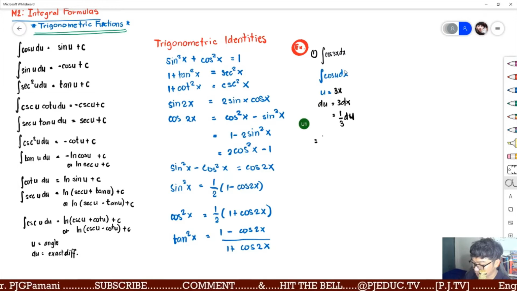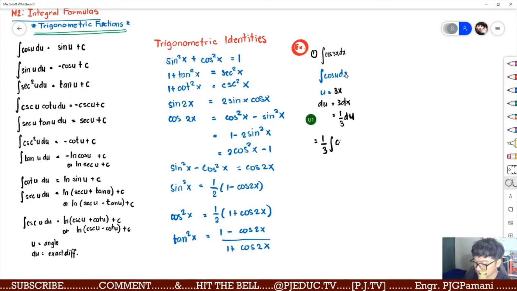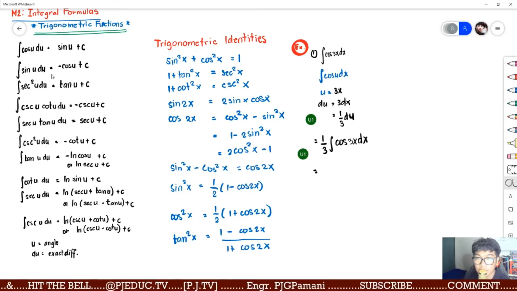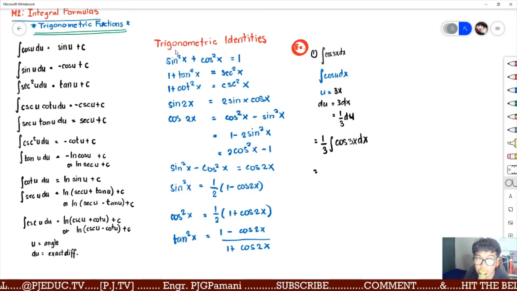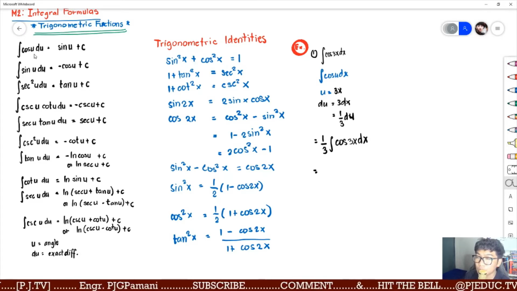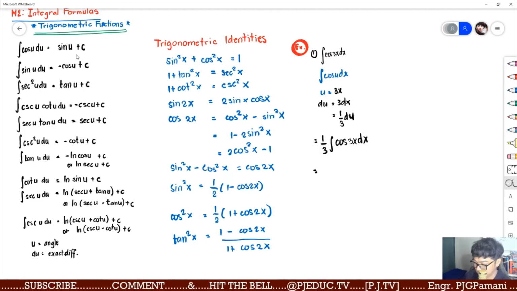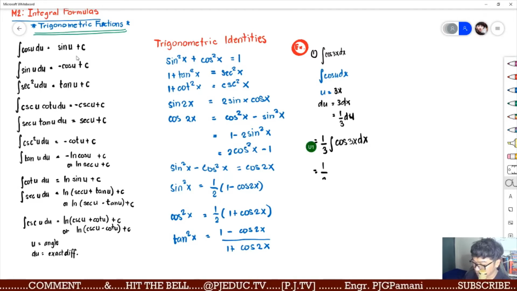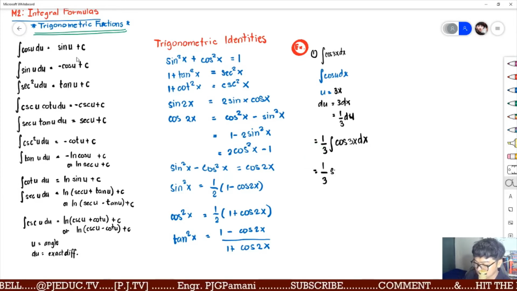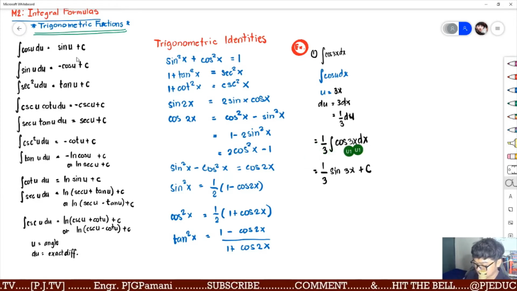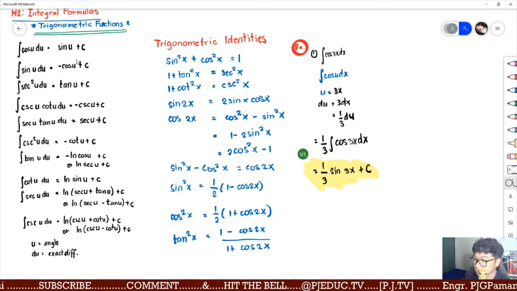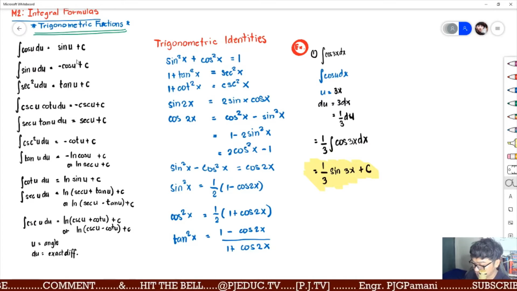So that is now 1/3 of the integral of cosine 3x dx, such that based from our trigonometric function, the integral of cosine u du is sine u plus c. That is now 1/3 of sine 3x plus c. So as simple as that. Okay, for our first example.